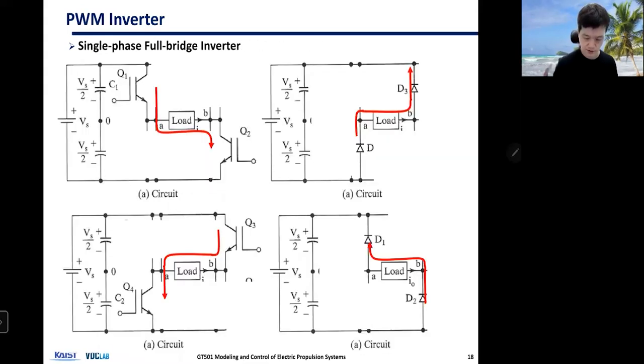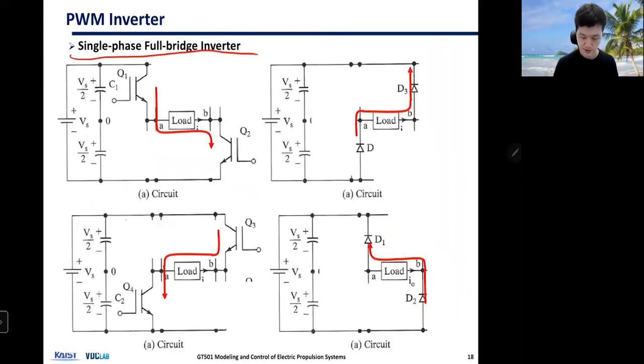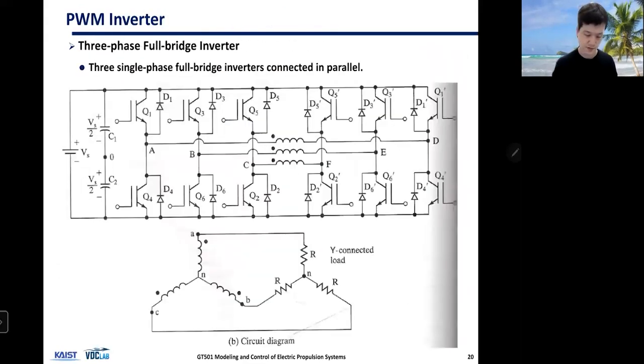And by the way, this was a single phase full bridge inverter. Okay, and this was a single phase half bridge inverter. But usually for AC machines, we need three-phase inverters, three-phase AC inverters, meaning that you need 3 sets of these full bridge inverters.